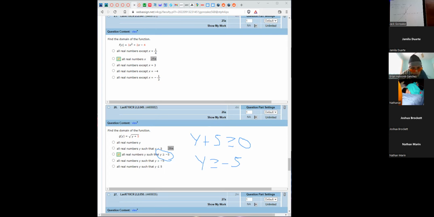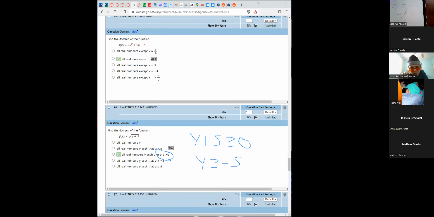Yes. Yeah, instead of taking the radical, you do the greater than or equal to. Mm-hmm. Yeah, and just remember the inside must be greater than or equal to 0.